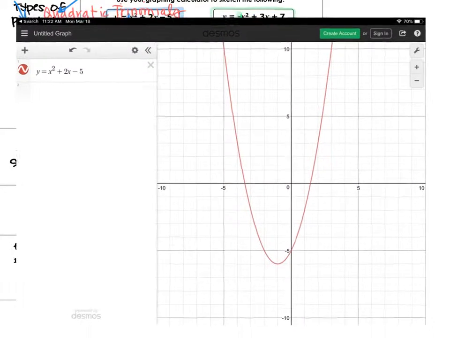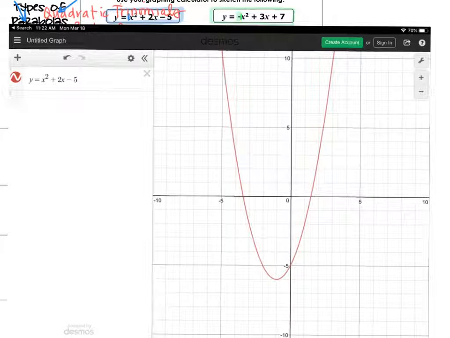All right, so here I have graphed on Desmos y equals x squared plus 2x minus 5. The A is positive, so my parabola opens upward like a smiley face. And there's a few other things I want to point out to you. At this point, let's put an imaginary line here. What we have is what's called symmetry.